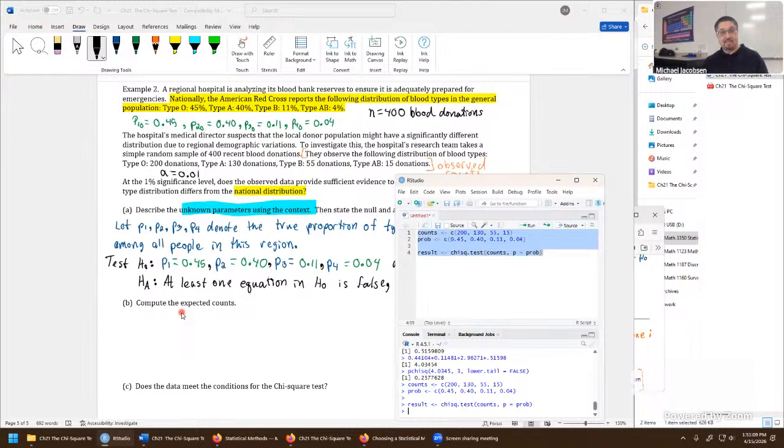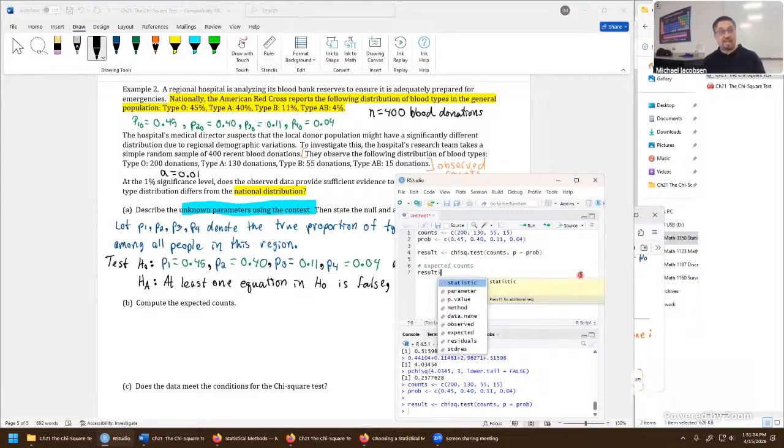And what we want is the expected counts. So let me put in just a little notation here. Here, this is the expected counts. And how to get them, go to result, dollar sign to select what you want. And notice there's a bunch of stuff. Statistic, parameter, p-value, method, data, observed. Observed is just the counts that we put in.